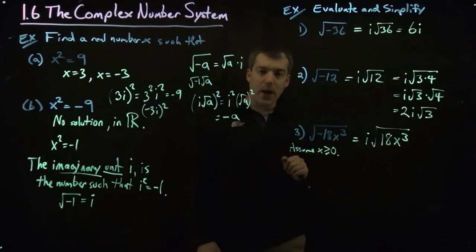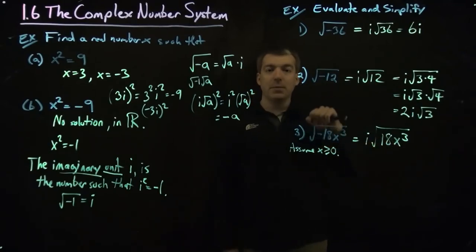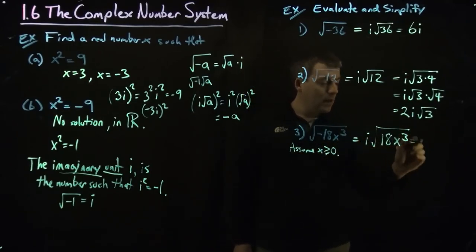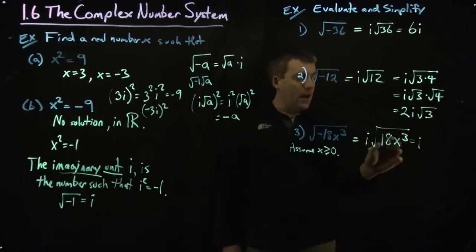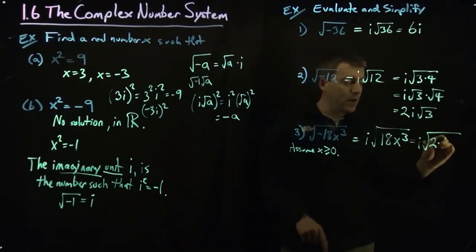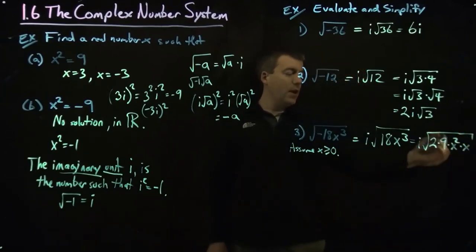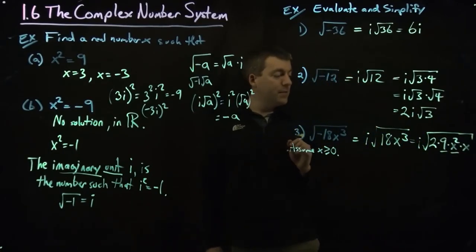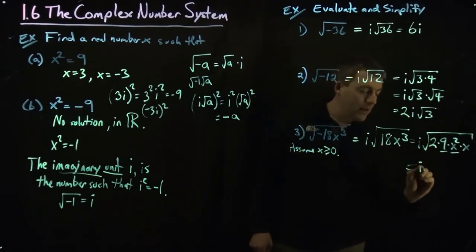18 has a perfect square factor, 9. x cubed also has a perfect square factor, x squared. So we'll write this broken apart, just like we did here, factor it. You could factor the x cubed as well if you like. So we have the square root of 2 times 9 times x squared times x. The reason I wrote it out this way is because I've now identified the perfect square factors. We can go ahead and write this as i square root.